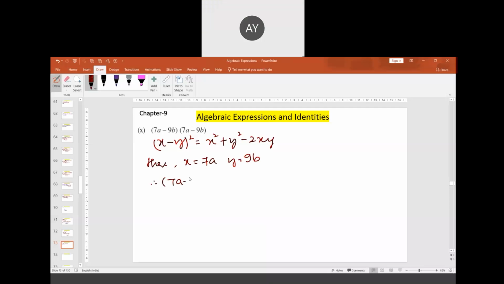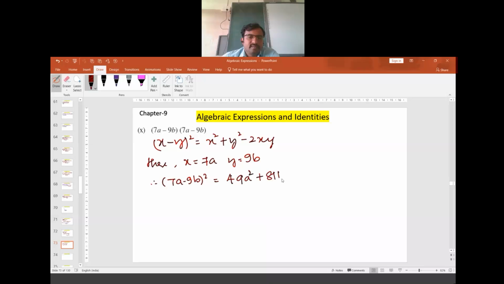Therefore, (7a minus 9b) whole square will be equal to 49a square plus 81b square minus, no, it is not 63, 126ab.